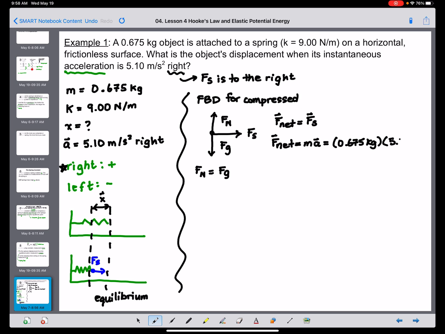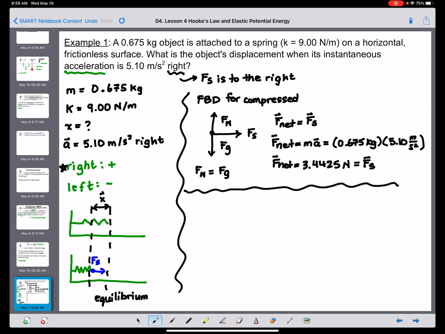So we'll make this positive 5.1. And when we do that, I get 3.4425 newtons. And this is going to be our spring force as well, because net force and spring force are equal. All right. Now we're almost done.